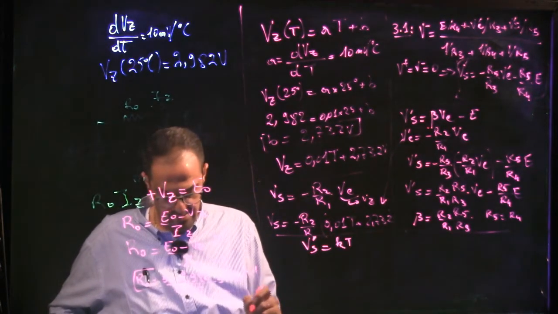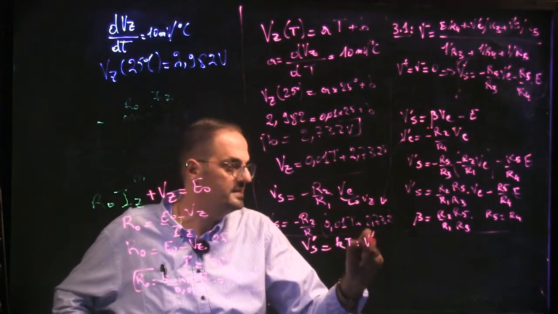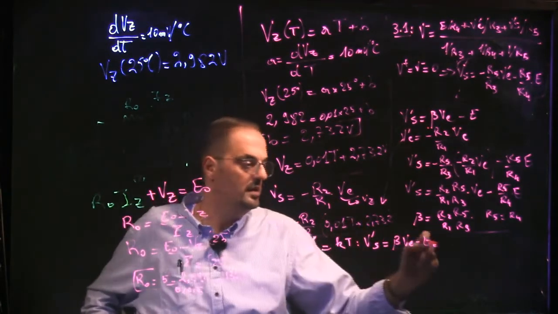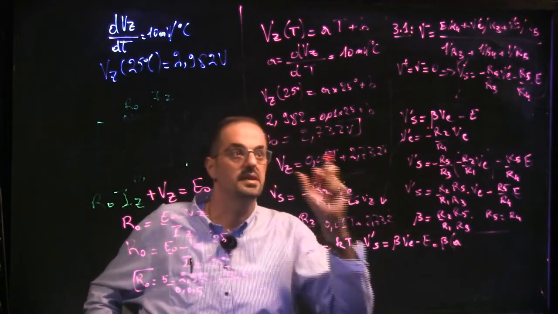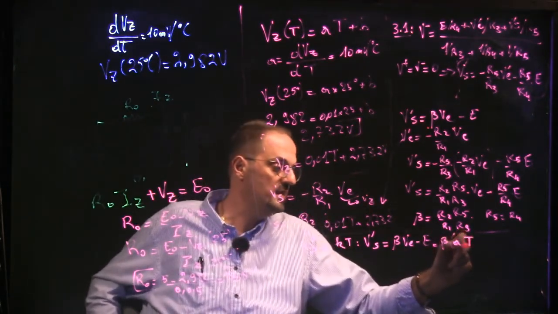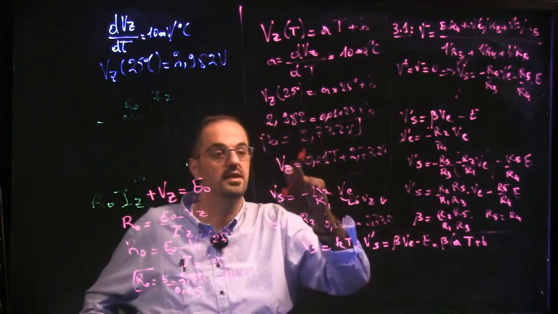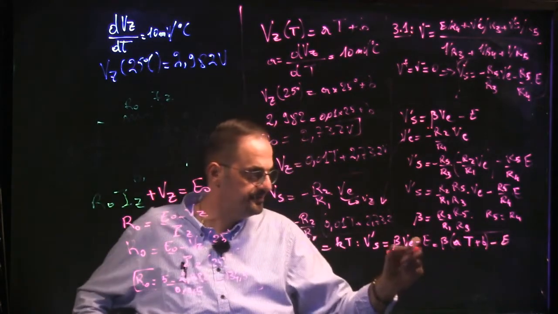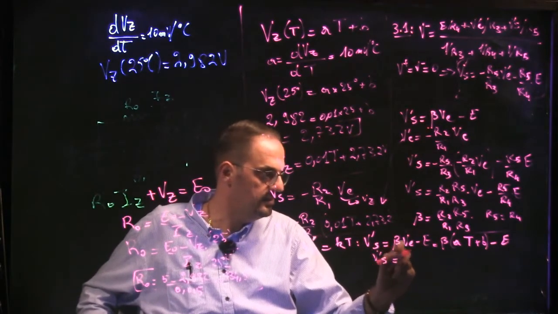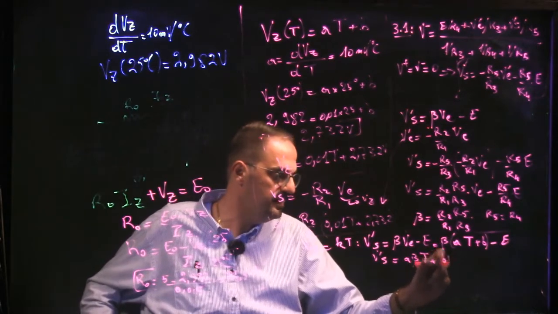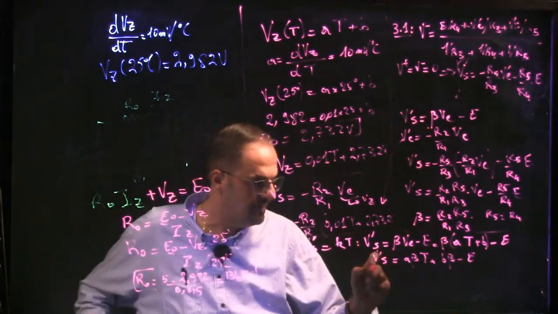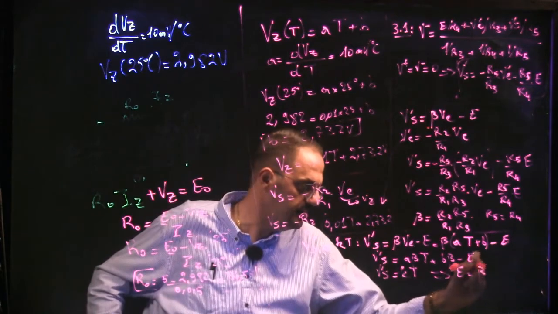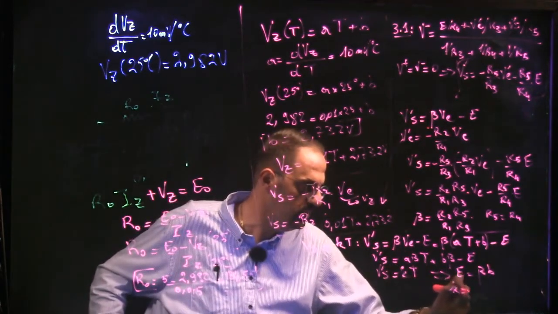So this means that Vs prime that was equal previously to beta VE minus E is equal to beta into, I'm not gonna replace them with their numerical expression until the end, AT plus B, that was VE with A equal to 0.01 and B the one calculated previously, minus E. So this means V prime S is equal to A beta T plus B beta minus E. In order to have V prime S directly proportional to the temperature, this means E should be equal to beta B, and in that case K would be equal to A beta.